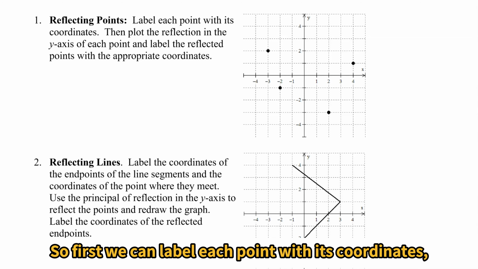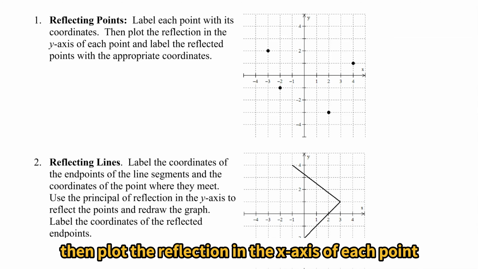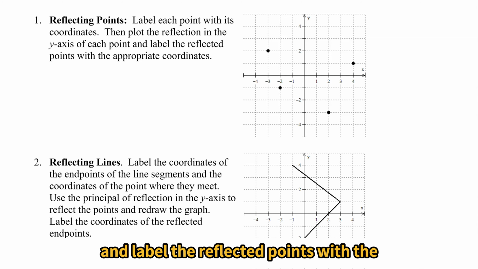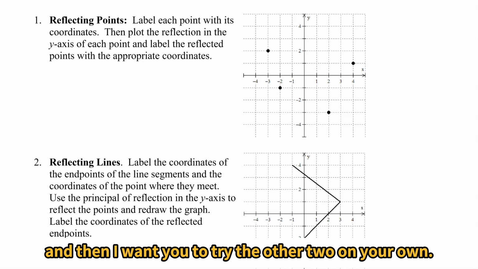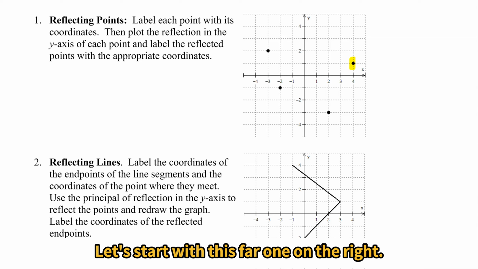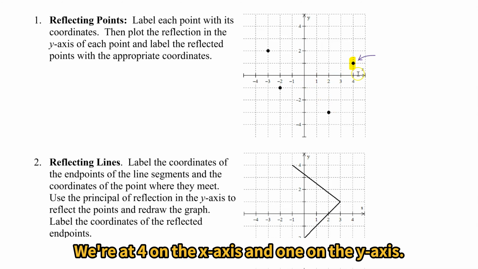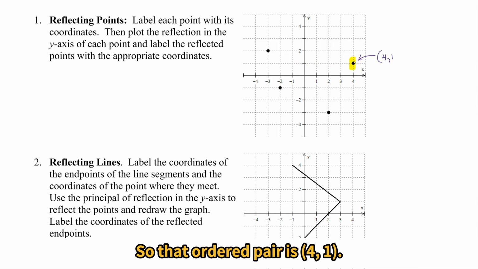So first we can label each point with its coordinates, then plot the reflection in the y-axis of each point and label the reflected points with the appropriate coordinates. I'll do 2 of these together with you, and then I want you to try the other 2 on your own. Let's start with this far one on the right. We're at 4 on the x-axis and 1 on the y-axis, so that ordered pair is 4, 1.